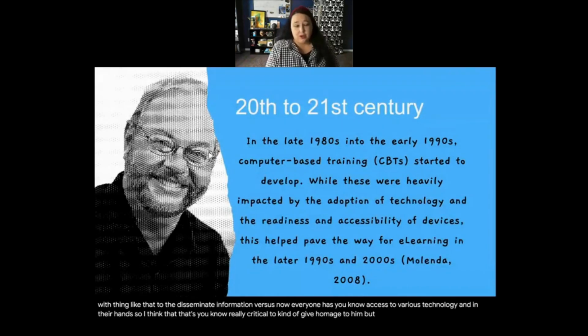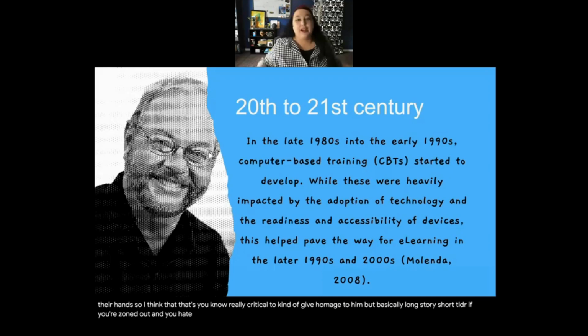But basically, long story short, TLDR, if you're zoned out and you hate history, I'm sorry. I just, I have a platform here. I just wanted to take a moment to give you a brief history of instructional design.